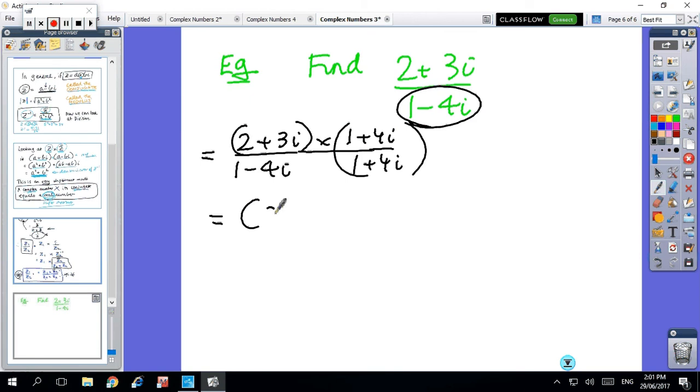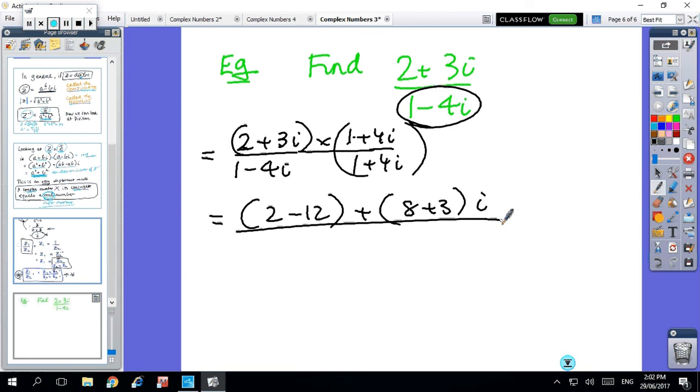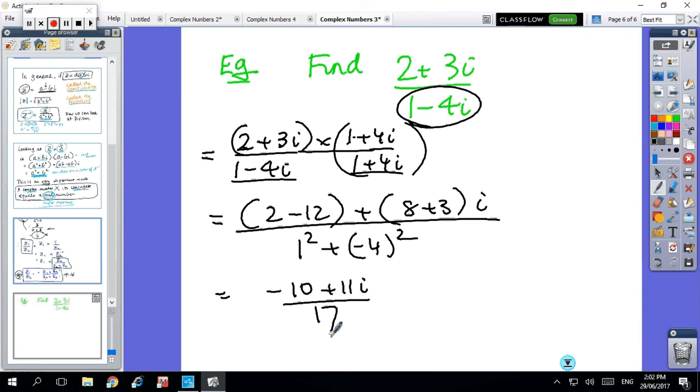So 2 times 1 is 2, 3 times 4 is 12, and then change the sign, and then the complex part, 2 times 4 is 8, 3 times 1 is 3 times i, divided by, this is going to be a squared plus b squared, so it's going to be 1 squared plus minus 4 squared, and so your division is negative 10 plus 11i over 17.